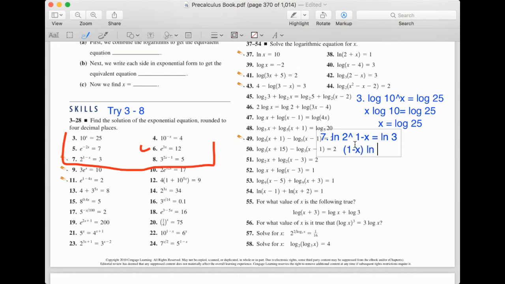We have (1 minus x) times ln 2 equals ln 3. Then let's divide by ln 2 on both sides. So we have 1 minus x equals ln 3 divided by ln 2. Right?